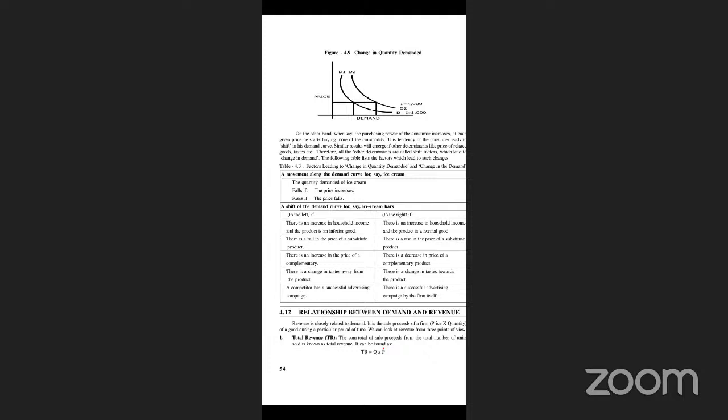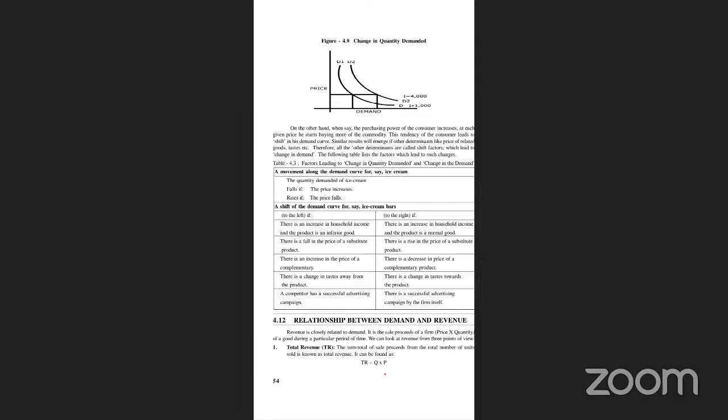This is based upon the income. When the income is 1,000 and when the income is 4,000. Okay, the price on the y-axis and the demand on the x-axis, demand 1 and demand 2, D1 and D2. So the demand is nothing but quantity here, quantity 1 and quantity 2.